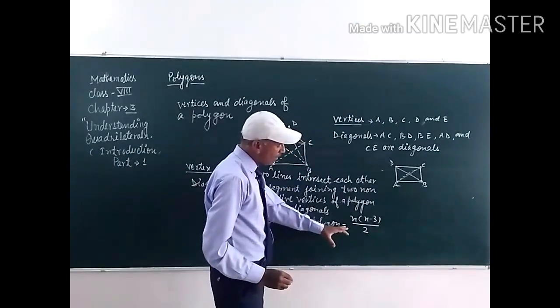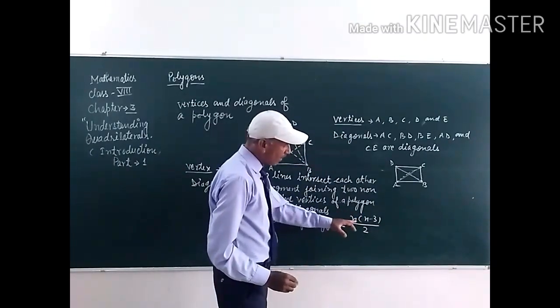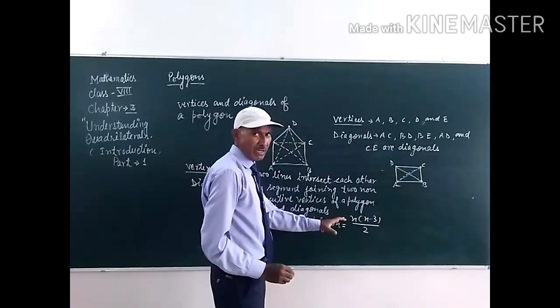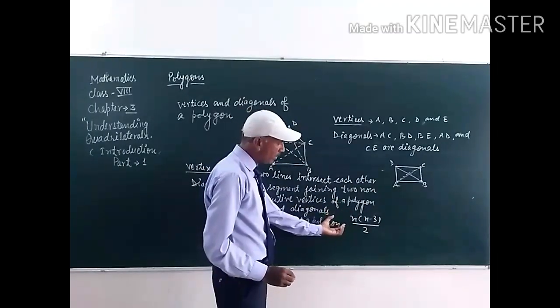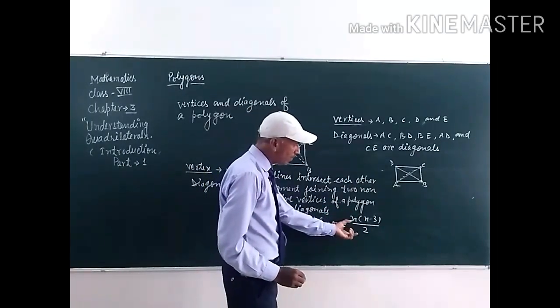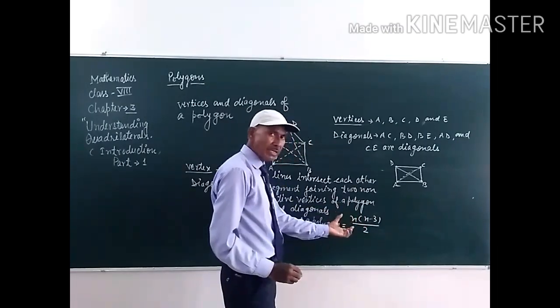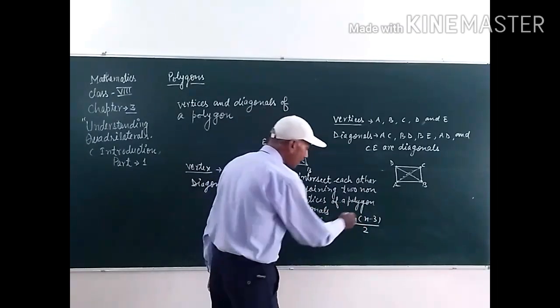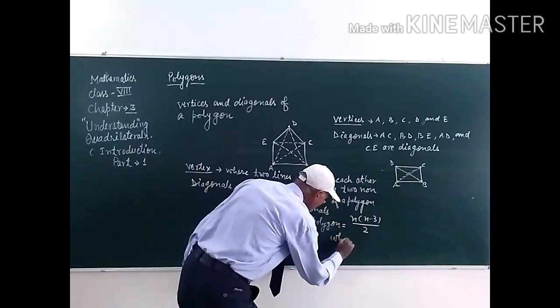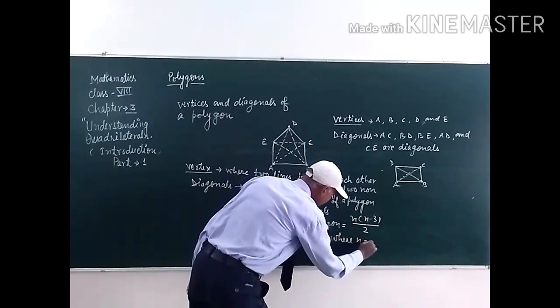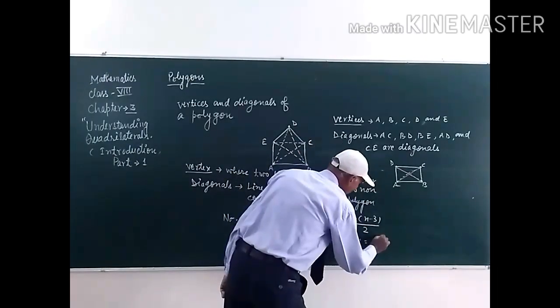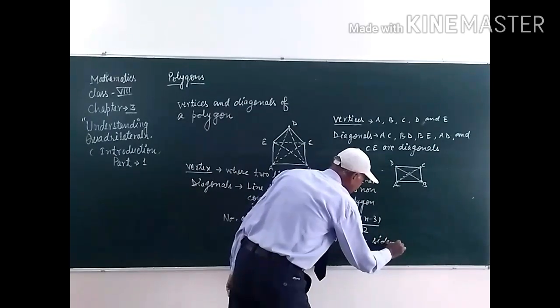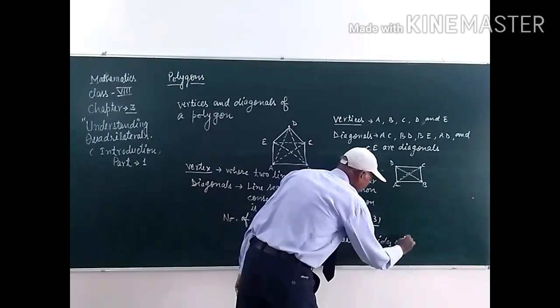Using this formula, we can find the number of diagonals of any polygon. Whatever type of polygon it is, student, using this formula we can find how many diagonals are in that figure. Where n is equal to the number of sides of the polygon.